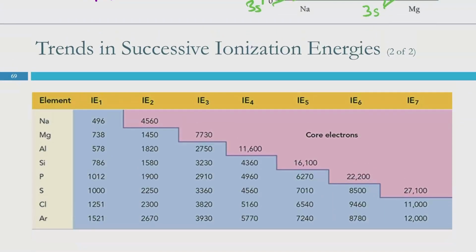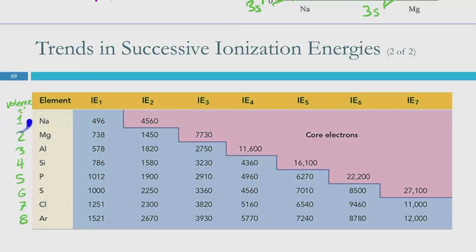And if we look at a table of our elements versus their ionization energies, as we're moving down here, sodium, magnesium, aluminum, we're moving step by step across our periodic table. So for valence electrons, one, two, three, four, five, six, seven, 8.